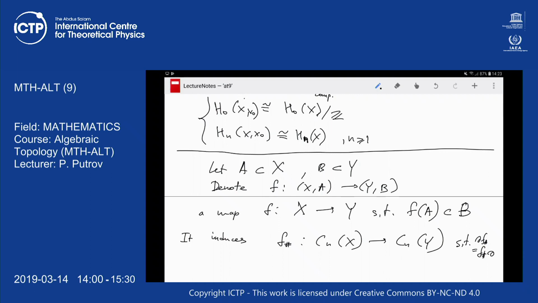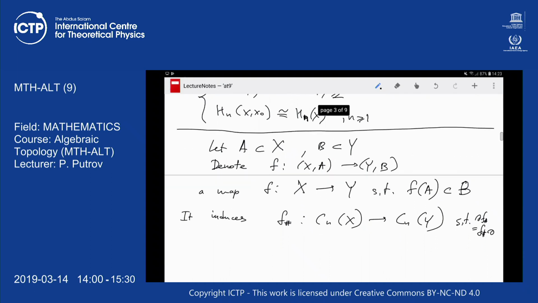And so this abelian group contains Cn of A, and this abelian group contains Cn of B, as before.